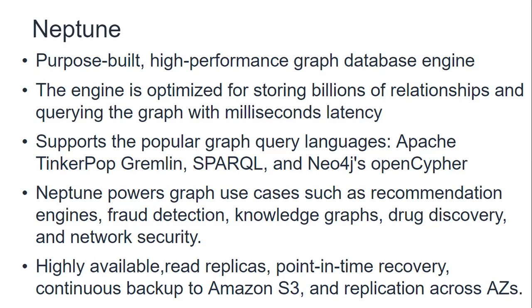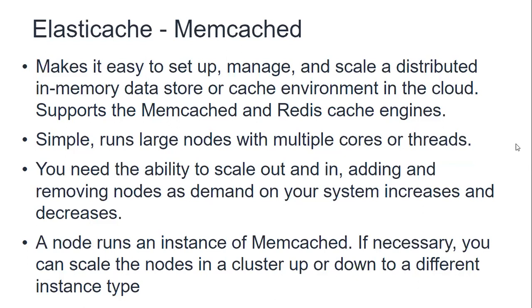So graph databases are used for fraud detection, recommendation engines, drug discovery, and network security. You could have read replicas, do point-in-time recovery, backup to S3, and then use multi-AZs for replication.